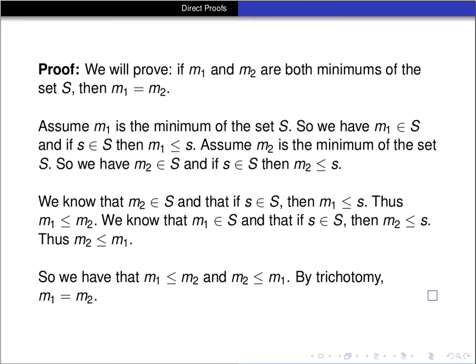So we proved the statement that the minimum of a set is unique by writing it as a conditional. We rewrote it as: if m1 and m2 are both minimums, then m1 is equal to m2. We were able to prove that by writing the hypotheses, reformulating them, using them together, and eventually deducing the conclusion that m1 is equal to m2.